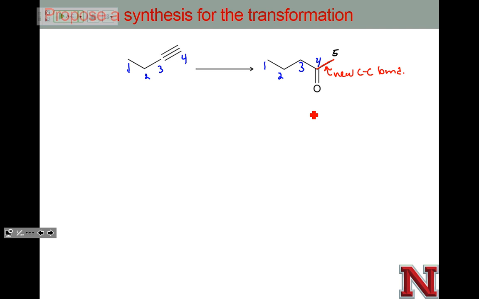We do have a triple bond. We could deprotonate it and add a new carbon, but we would lose all selectivity through that route because our carbon-oxygen double bond is on carbon 4.